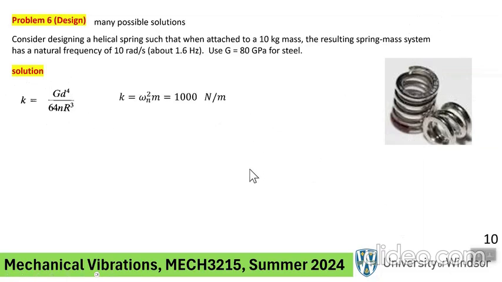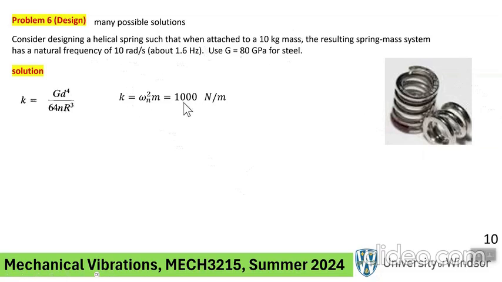Okay. So first of all, we are told what the natural frequency is, and we know what the mass is. We're told the attached mass has a mass of 10 kilogram, and if you let it vibrate, this is what it did. So we get the stiffness based on frequency and the mass.